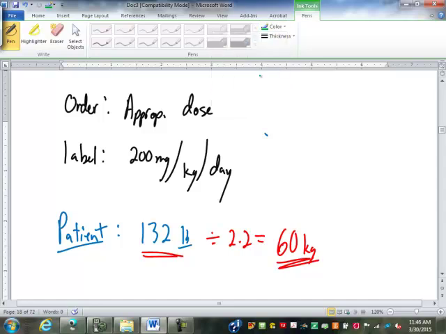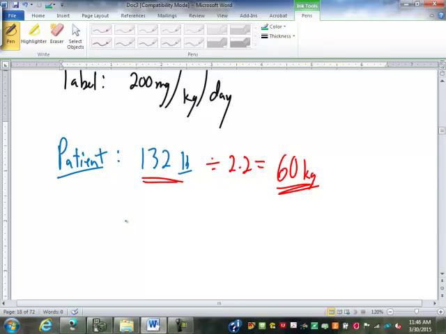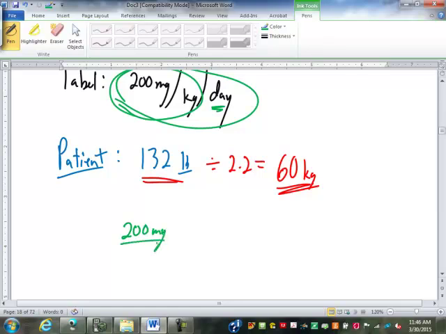Now with these, the next step is one of the few places where we cannot use the unit conversion or dimensional analysis. Well, we could use the unit conversion, but it makes more sense to use a proportion here. The proportion says the dosage, 200 milligrams per kilogram per day. We're going to ignore the per day for now and just use the 200 milligrams per kilogram. That's 200 milligrams per 1 kilogram.